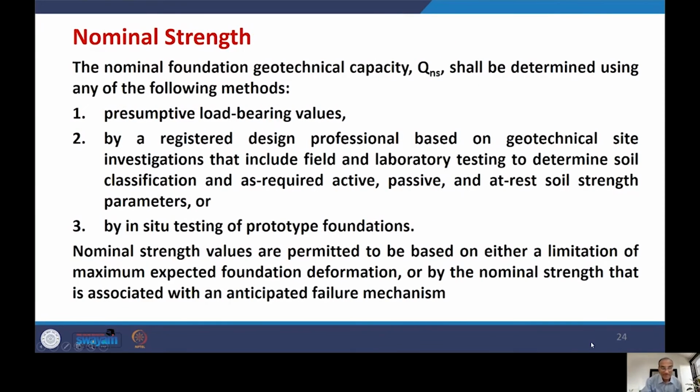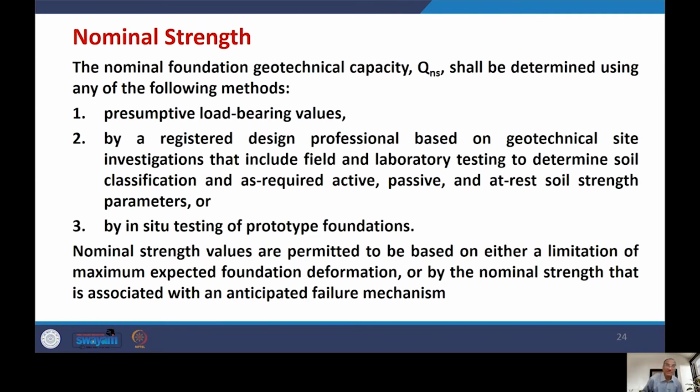Now coming to the nominal strength suggested by the ASCE, the nominal foundation geotechnical capacity QNS shall be determined using any of the following methods. What are the methods? First is presumptive load bearing values by a registered design professional based on a geotechnical site investigation that includes field and laboratory testing to determine soil classification and, as required, active, passive, and other soil strength parameters. So this is basically a fast track.